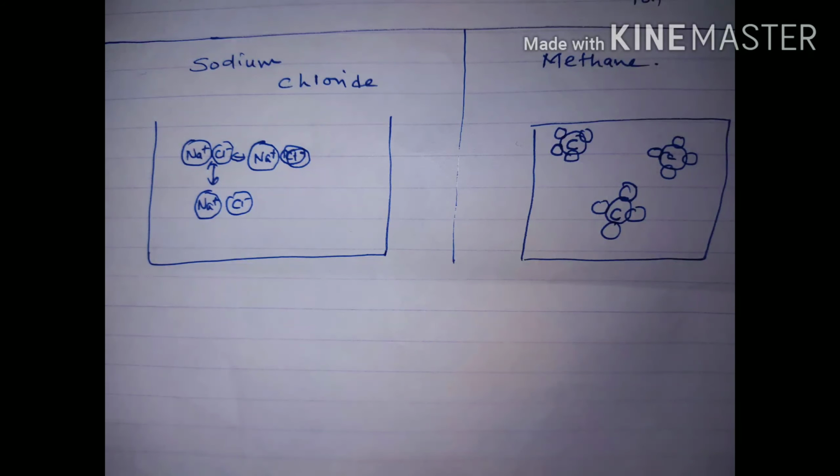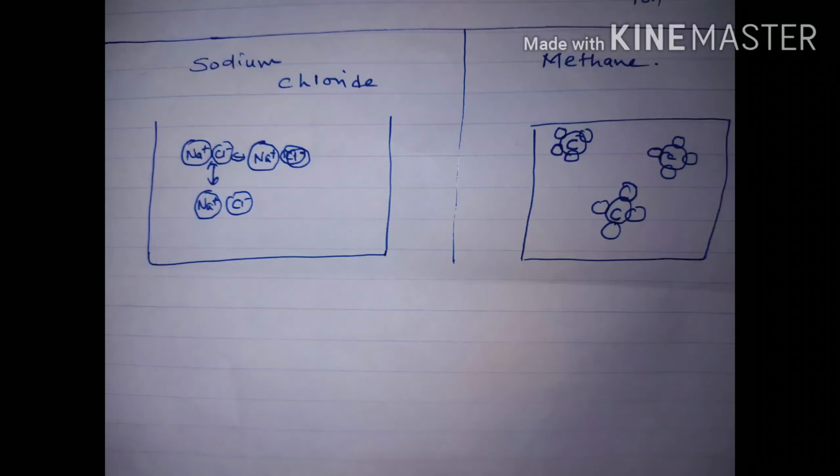The first point is state. Electrovalent compounds are always in the solid state, whereas covalent compounds are mostly found in liquid or gaseous state. Sodium chloride is in the solid state and methane is in the gaseous state.